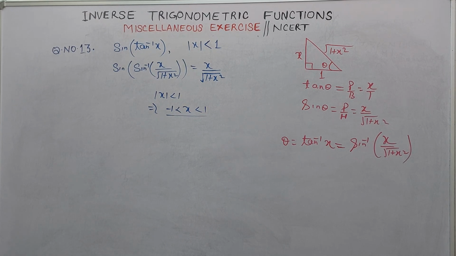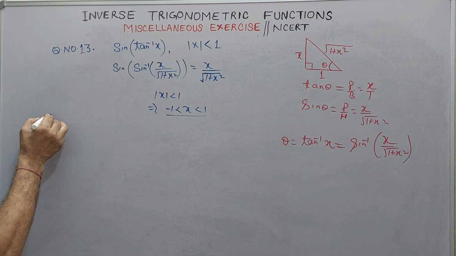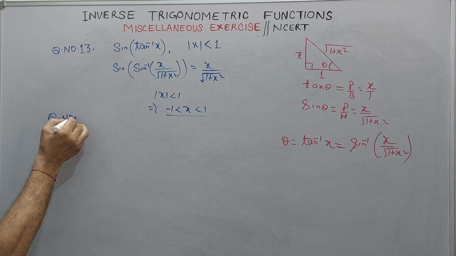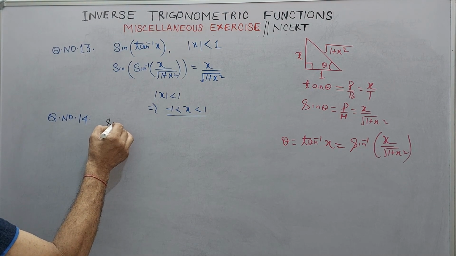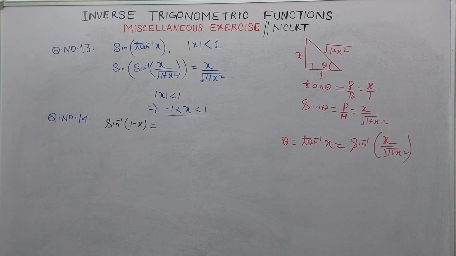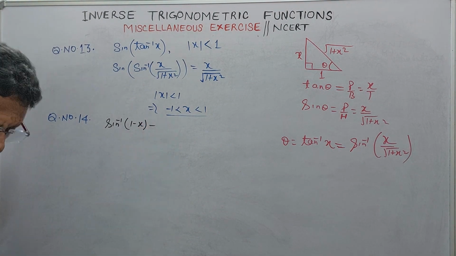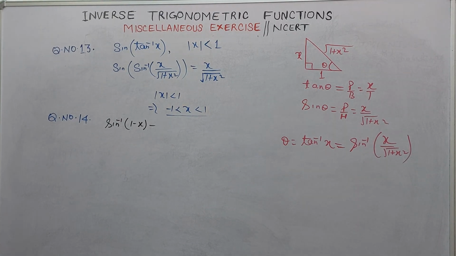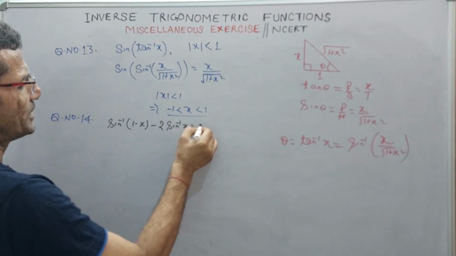Next question, we have question number 14, the last question of this exercise. So in this question we have to find the value of x so that sin inverse of 1 minus x minus 2 times of sin inverse x is equal to pi by 2.